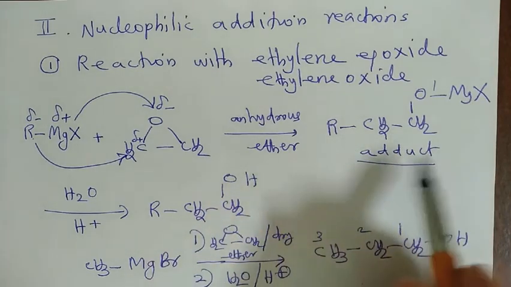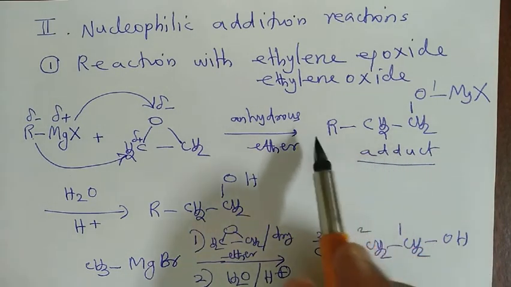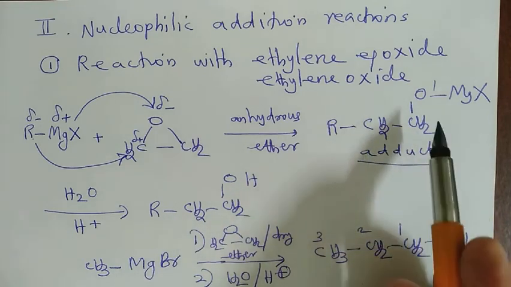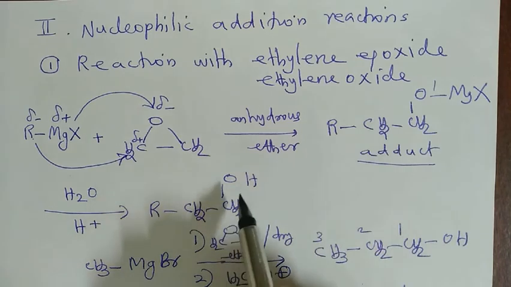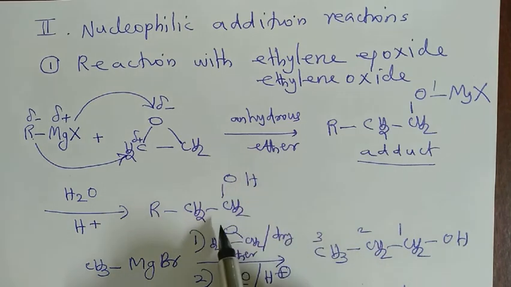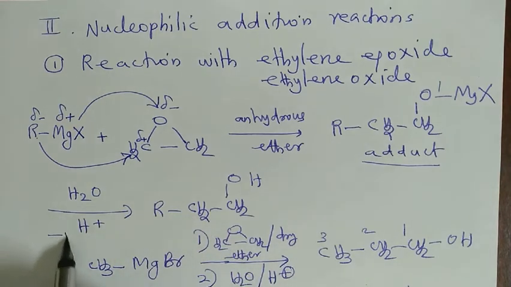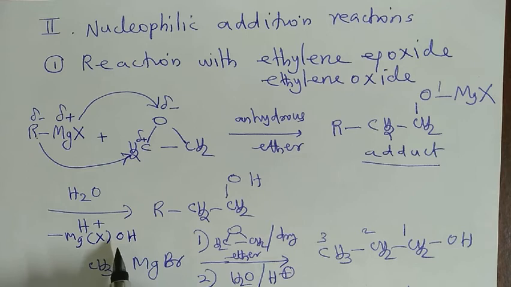This addition product or adduct is called alkoxy magnesium halide. On hydrolysis in acid medium, it gives the corresponding alcohol. The side product is MgX(OH), magnesium hydroxy halide.